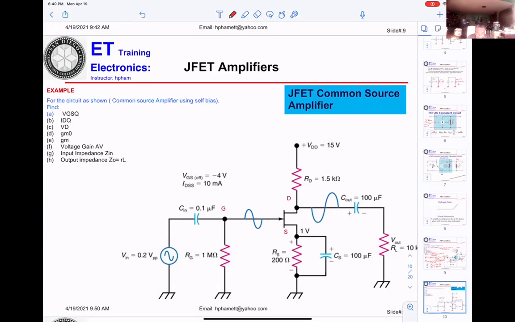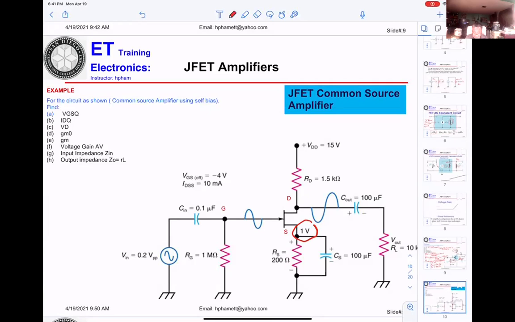Okay, VGS. Same thing, you see that? The same problem. They gave you VGS, the self-bias, then they gave you 1 volt.